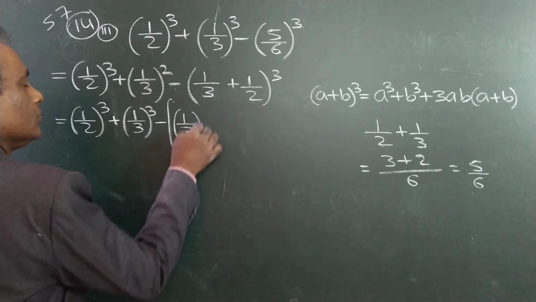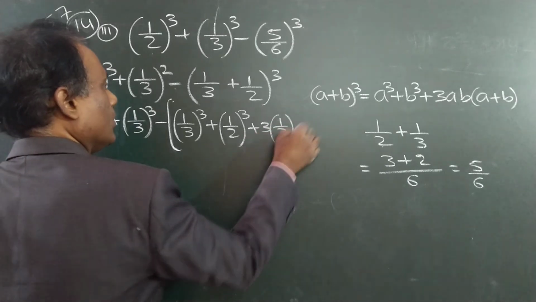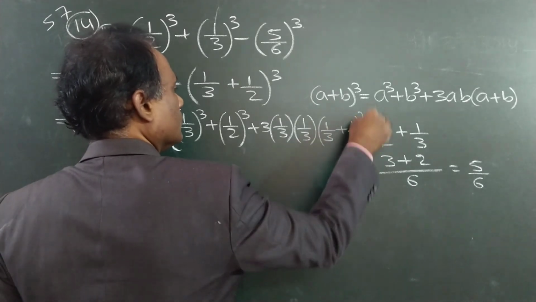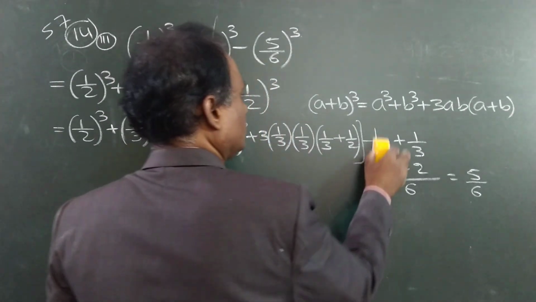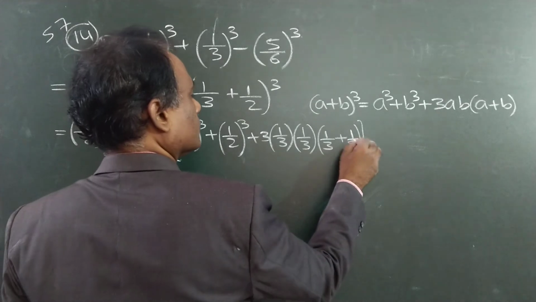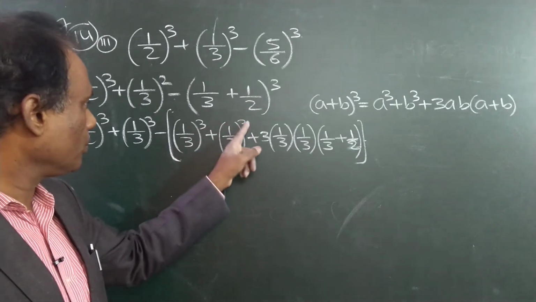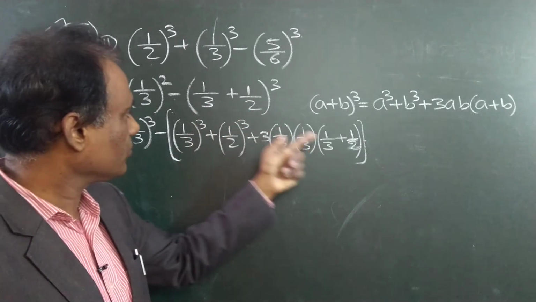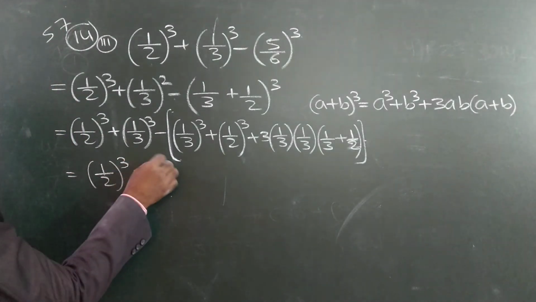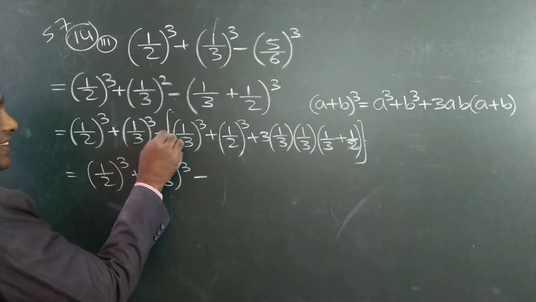A cube plus B cube plus 3AB into A plus B. A plus B whole cube is A cube plus B cube plus 3AB into A plus B. Same, minus, all signs will change because minus is there, no?